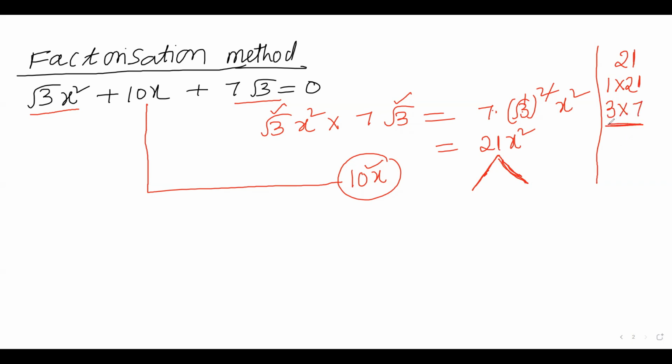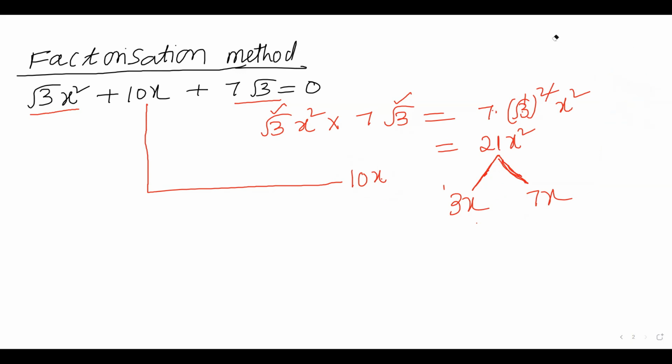I think this will fit in the space. Why? Because 7 plus 3 is 10. 7 into 3 is 21. So take 3x plus 7x. On adding, I will get 10x. On multiplying, I will get 21x square. Okay. So this combination is perfect. This is not required here.